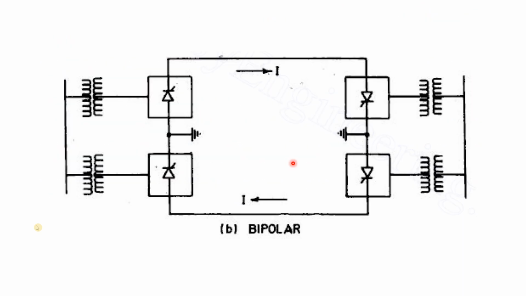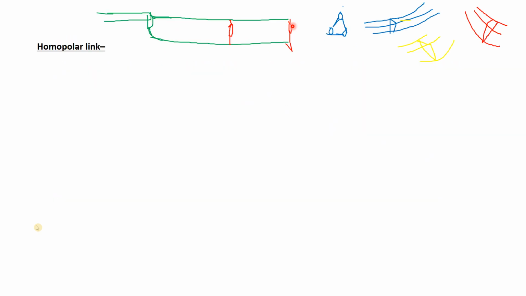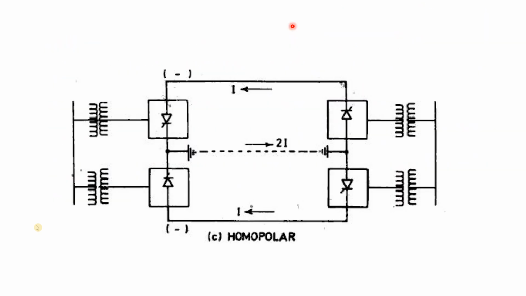Why 2 times? Because in a bipolar link we have only used one single return, one single circuit. Suppose this is positive, this is negative. So current I can be transmitted between one link and another link.